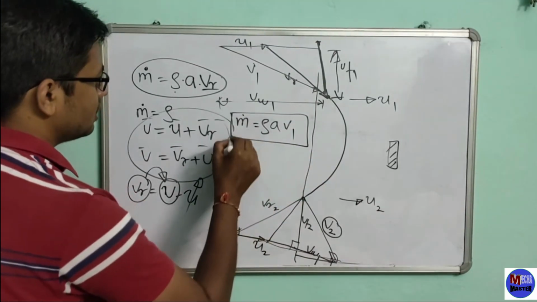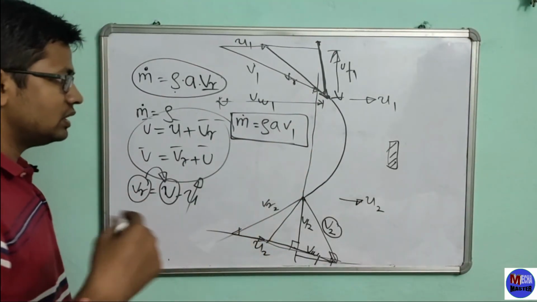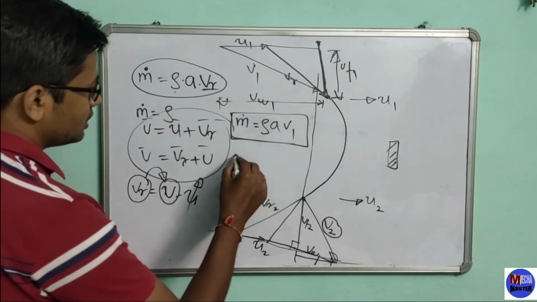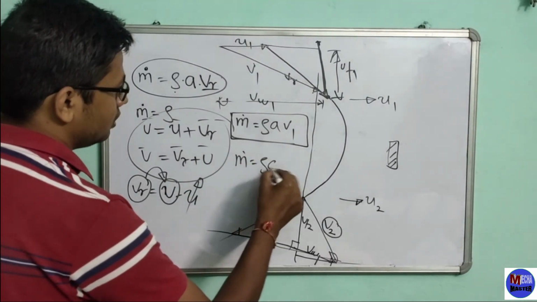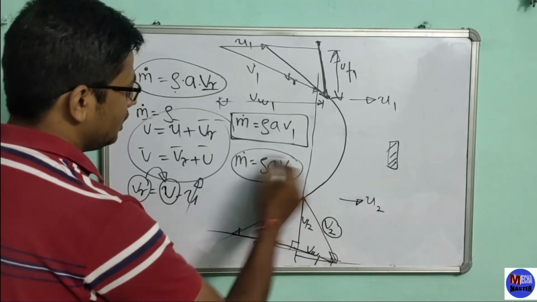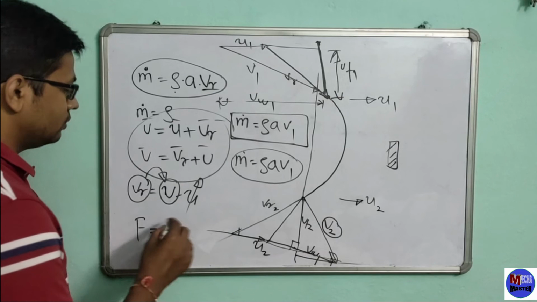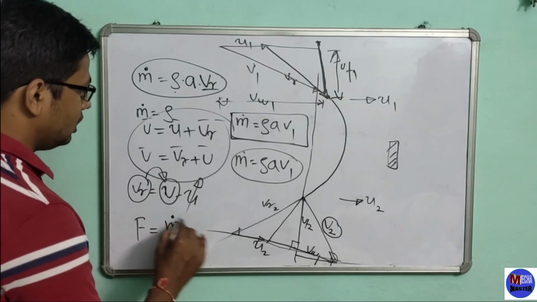And this is the similar case when there is a series of blades, then the same mass flow rate will be rho a v1, and the force is equal to the rate of change of momentum, that is m into v.